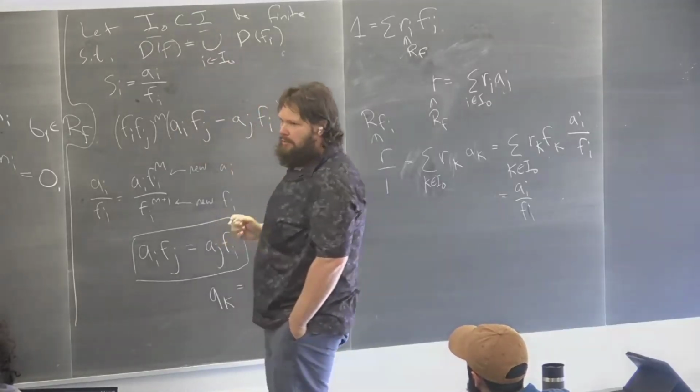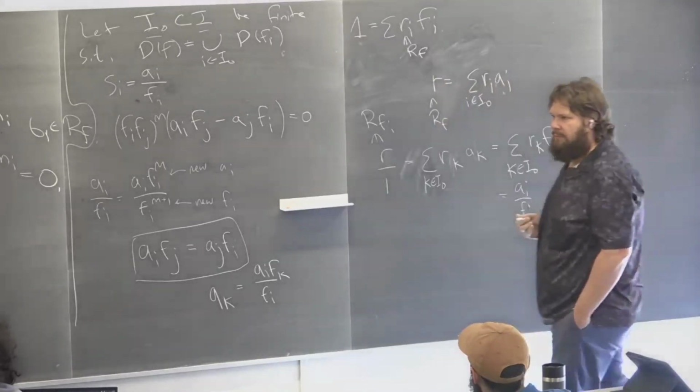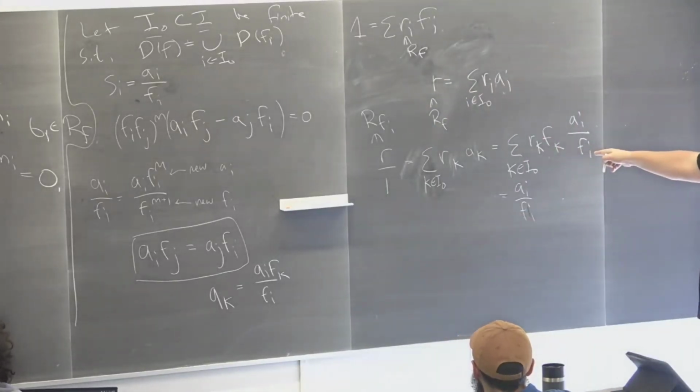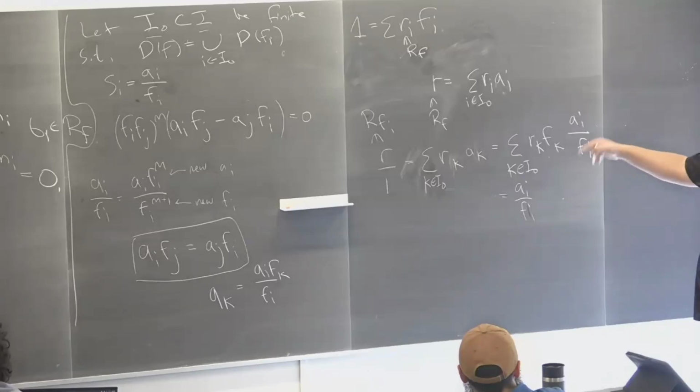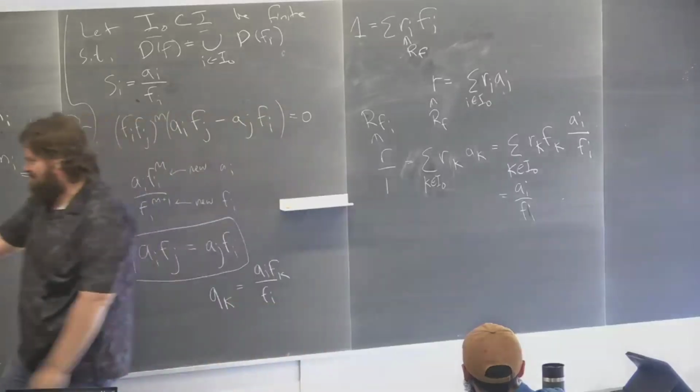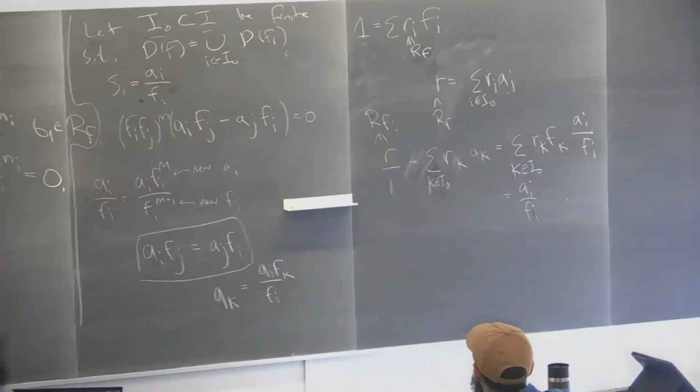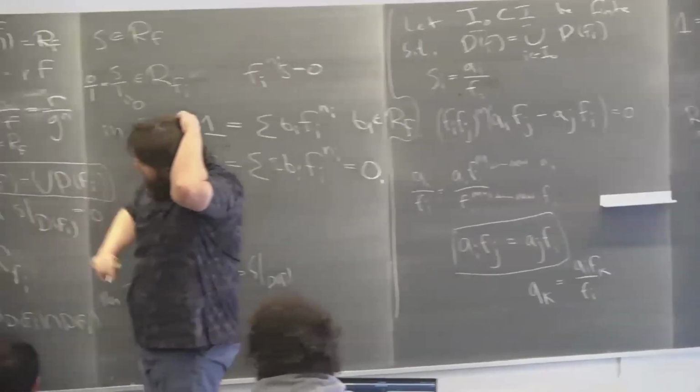So what about all the other elements of I? Well, I found the section that I want, and now I just have to check that it's not inconsistent with any of the other elements of I. And that follows immediately from the identity.